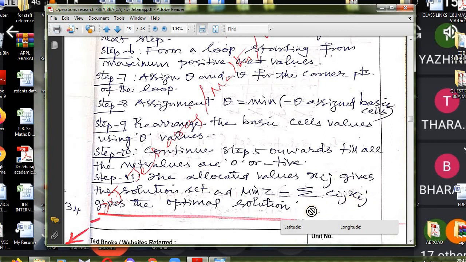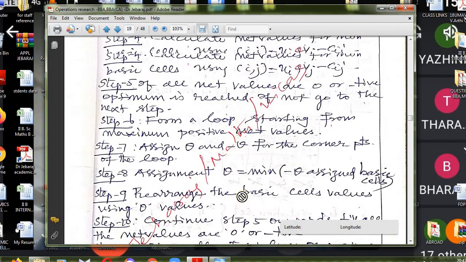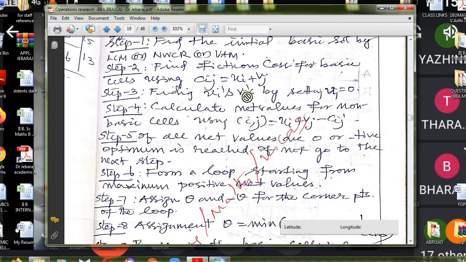Calculating fixed cost by using the formula Cij equals Ui plus Vj, as given in step number 2. Then by giving U equal to 0, we can find Ui's and Vj's. Get the net values by using the formula Iij equals Ui plus Vj minus Cij. If all net values are 0 or negative, problem is over.